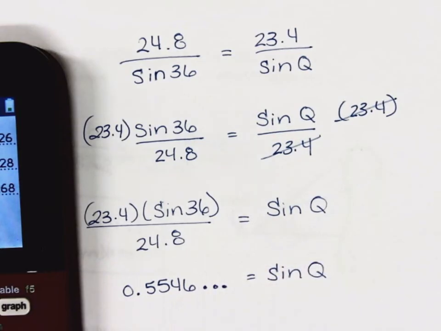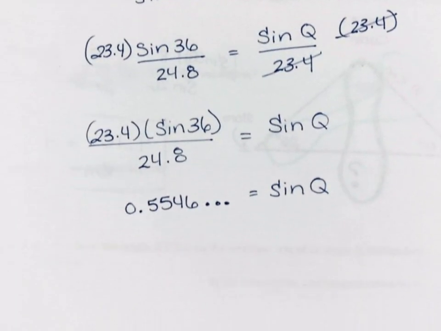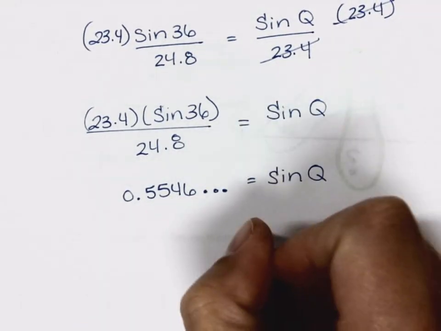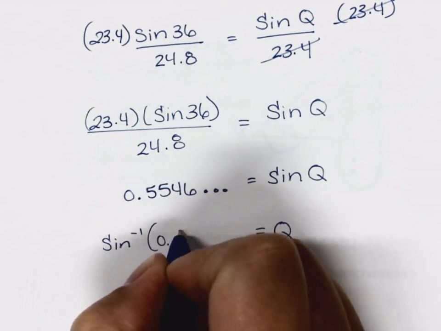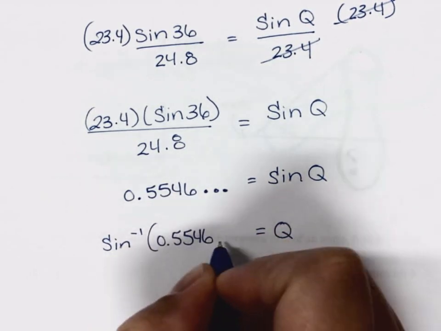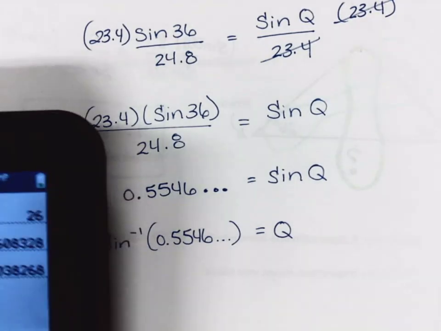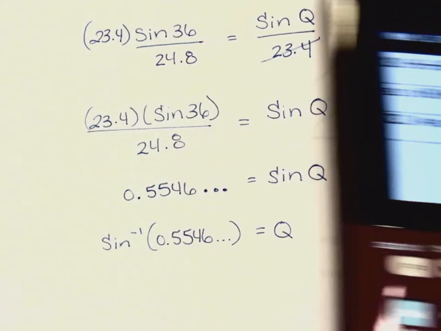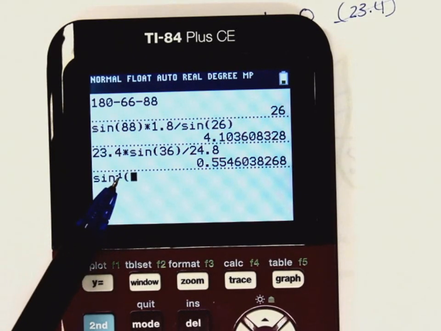I don't want sine of q, I just want sine inverse. Anytime I'm trying to solve for the angle, I'm going to use the second function button in our calculator, just like we did in right angle trig. Depending on how your calculators work, mine I can do second function sine, and I know that it's second function because it's got that -1 there.